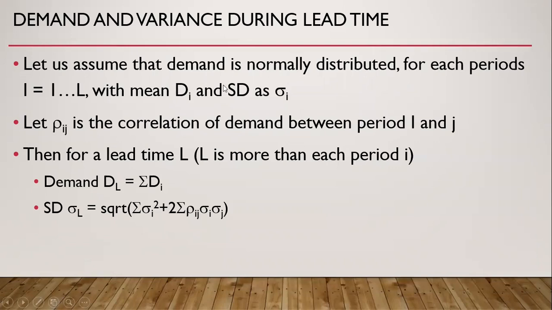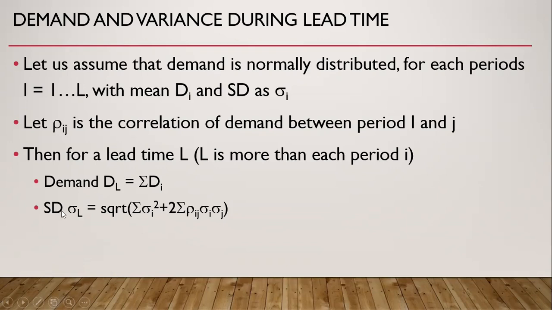So let us assume that demand is normally distributed for each period with mean D_i, where i stands for period, and standard deviation is sigma_i. Let rho_ij be the correlation of demand between period i and j. Then for a lead time L, there is demand during the lead time, written as D_L, which is equal to the sum of demand of the periods which are included in the lead time.